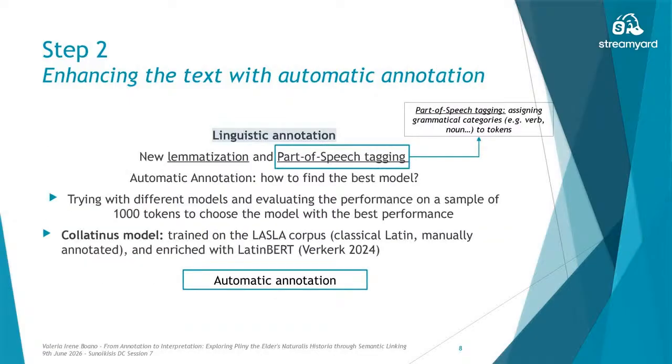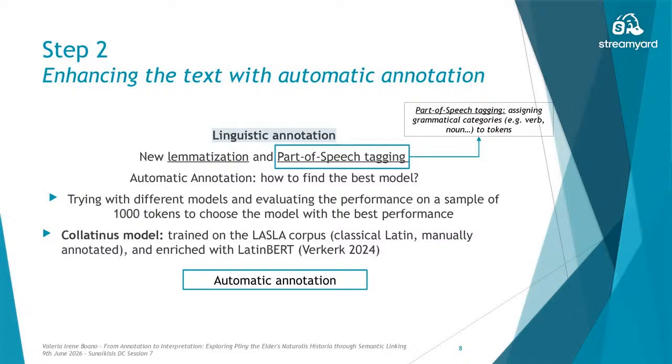So I decided to try with some automatic models to find the best performing one. To do so, I tried and then I evaluated the first 1,000 tokens of the text as a sample. And at the end, the model that resulted the best one was the Collatinus model.